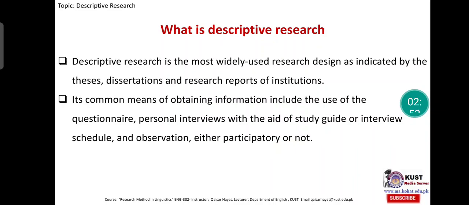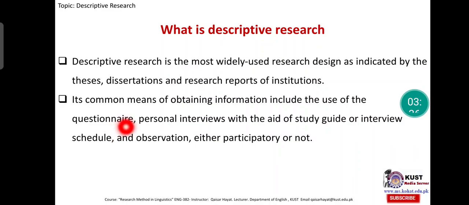Students, in descriptive research, one means of collecting information is the questionnaire. A questionnaire is a paper full of questions of different natures that are collected together for the sake of collecting information from the participant. A questionnaire can consist of open-ended questions in which the participant can write himself or herself. It can be close-ended questions, like MCQs, etc. But the questionnaire is one of the important sources of collecting data.